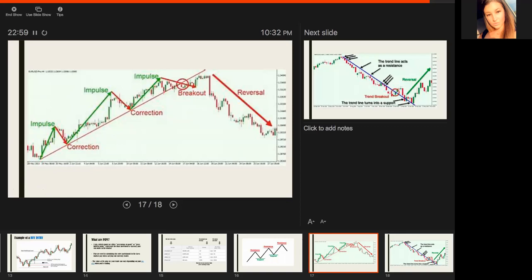If you're in a trade and you don't know if it's still going in the direction you want, we can do these things to have more confirmations and be more confident that it's still going in the direction we expected. If we set our trend line right here, we see it going up and down, pretty much bouncing off this trend line, right?